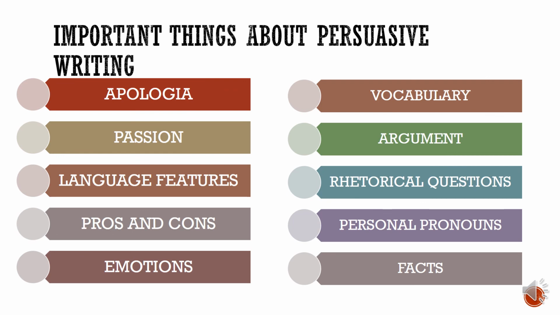Next one is personal pronouns. The use of pronouns, most especially in a plural form, such as we or our. All right. So whenever you cite an idea, you don't just simply use the word I or me, but you choose the pronoun we or our to connote that you are not the only one who agrees with that idea, but there are a lot of people who are also inclined to your idea.